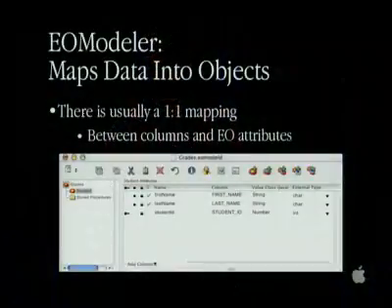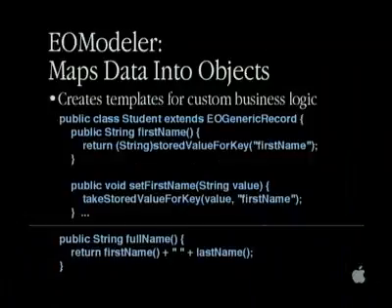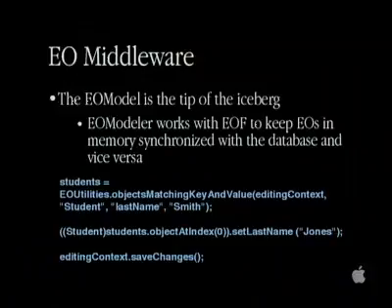So here you see varchar becomes a string, int becomes a number. It maps data into objects, and there's usually a one-to-one mapping between a table column and an EO attribute. It creates templates for you so that you can plug in special getters, setters, and code validation or data validation.